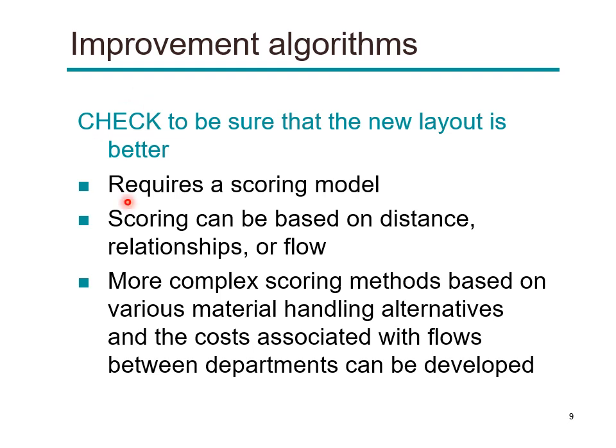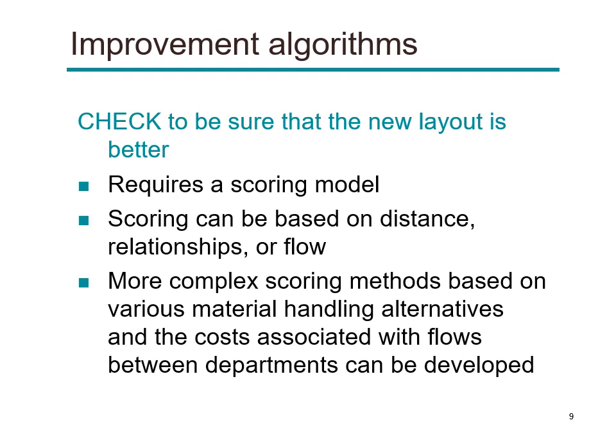For this purpose, as I said, we need to use a scoring model. It means that we need to calculate an objective function value, and this objective function value may depend on the distance relationship, so it can be adjacency based or distance based, and so on. Also, in fact, you can use more complex objective functions, more complex scoring methods, because in the adjacency-based and distance-based scoring that we have seen until now, we didn't consider the type of material handling device.